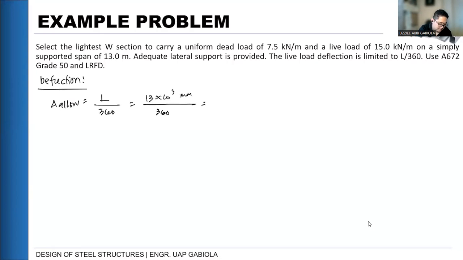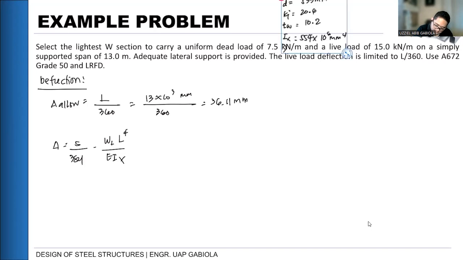So, equals sa 36.11 mm. So, yung value natin is 5 over 384 times WL lang, tapos L to the fourth over EIX. Okay? Kailangan natin value ng IX. So, ito yun.